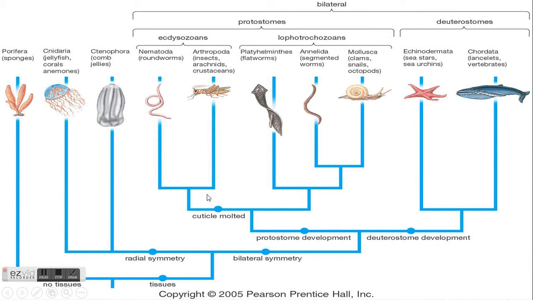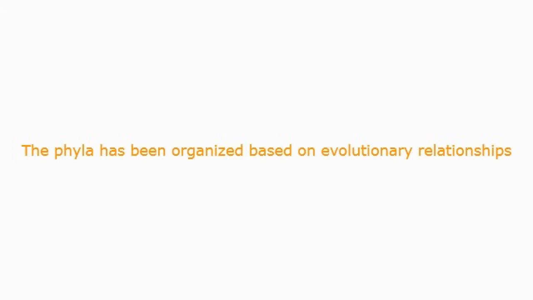Overall, all are bilateral except the Ctenophora, the Cnidaria, and Porifera. So this is the big picture where we can see good differences and all.